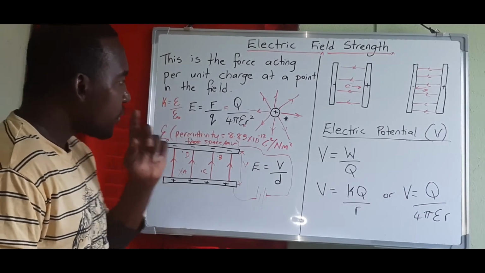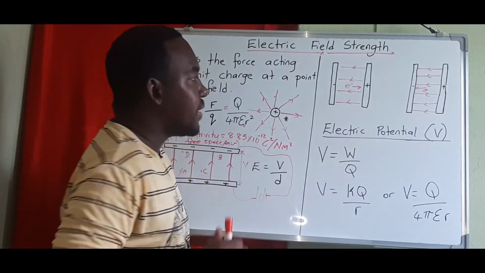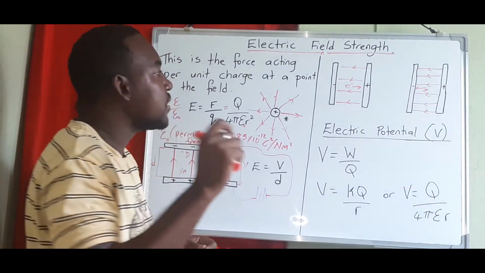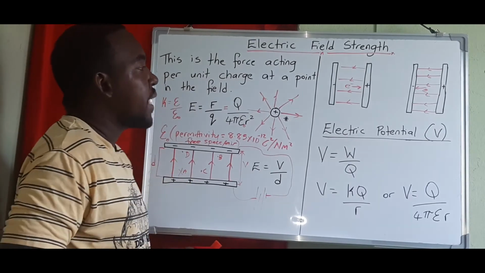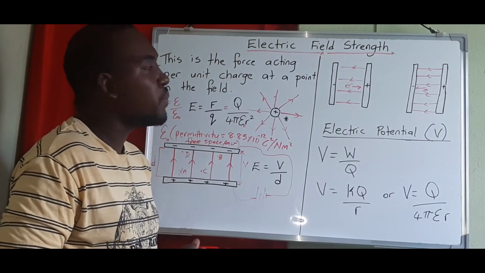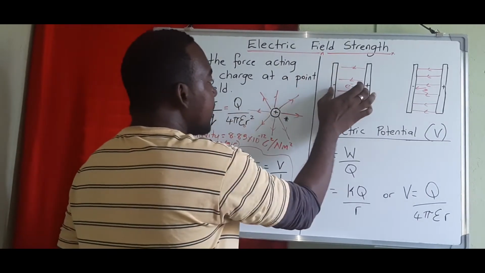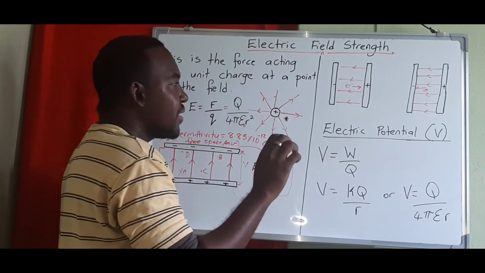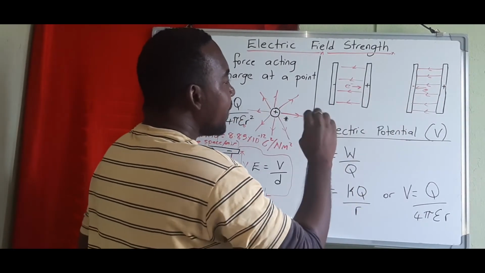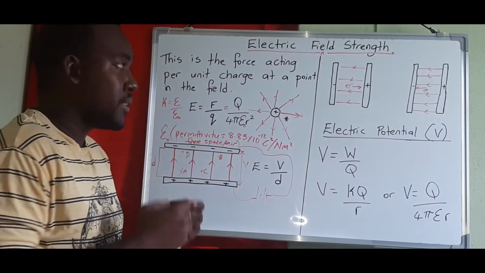Now, if we have the plates again in these two cases, but this time we're using a single charge, which is your electron. We know an electron has a negative charge. So putting an electron within a parallel plate, it will be attracted, it goes with the flow. It will be attracted to the positive side because it's a negative charge.